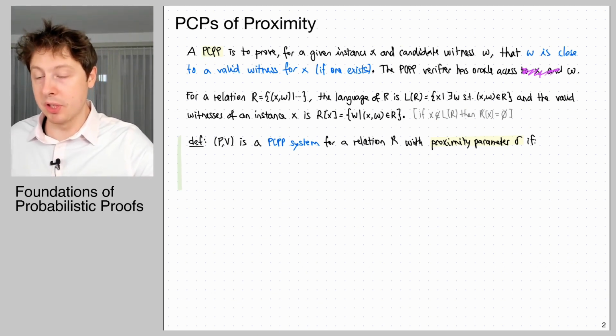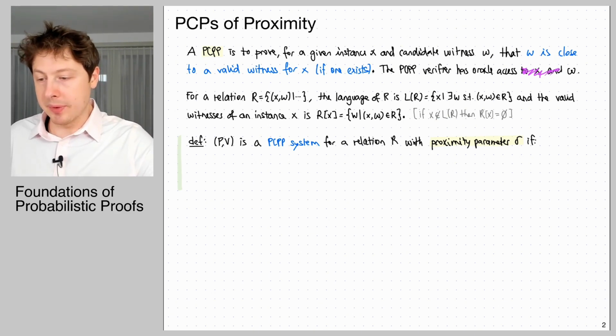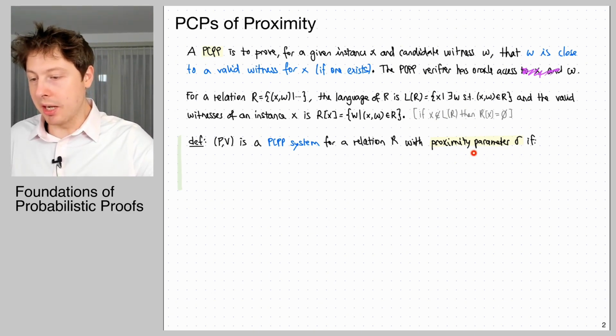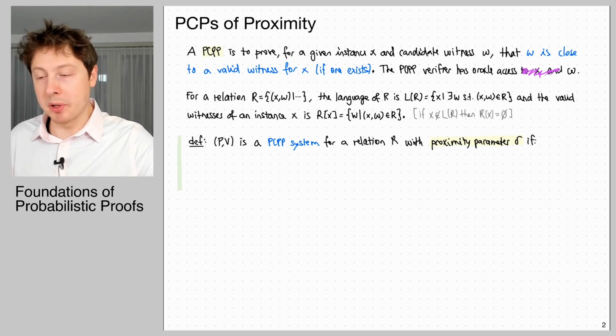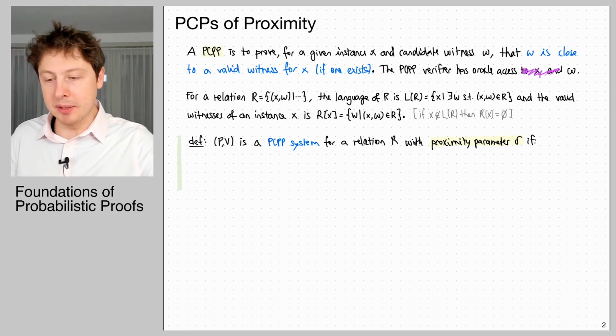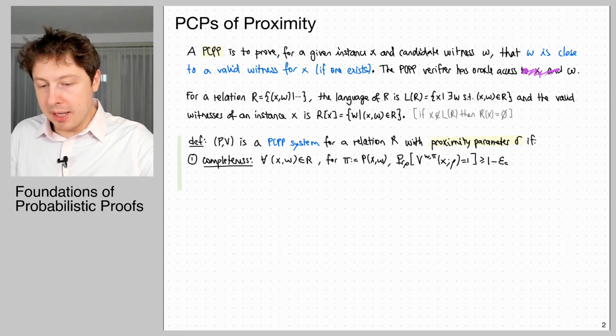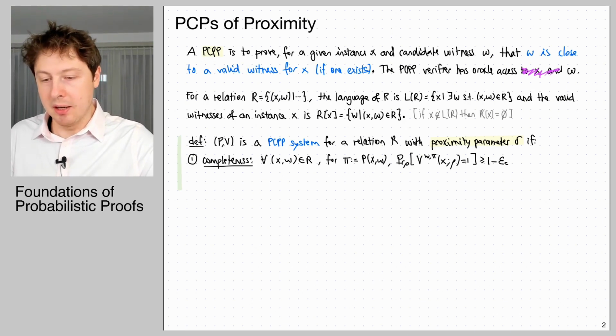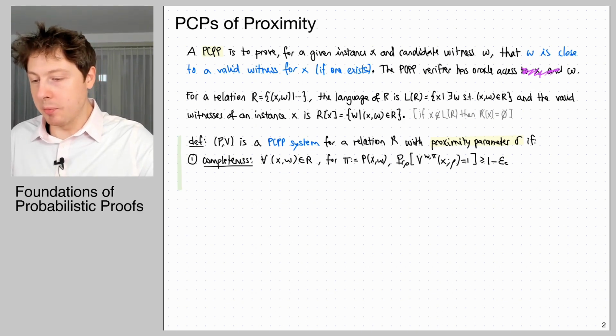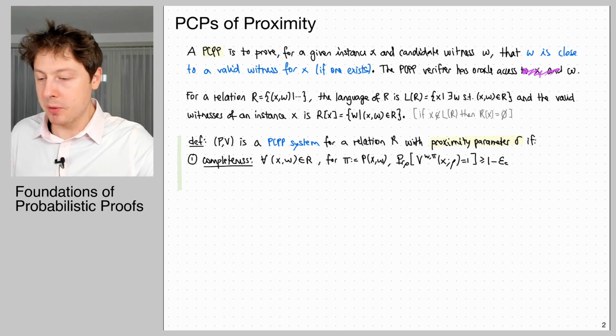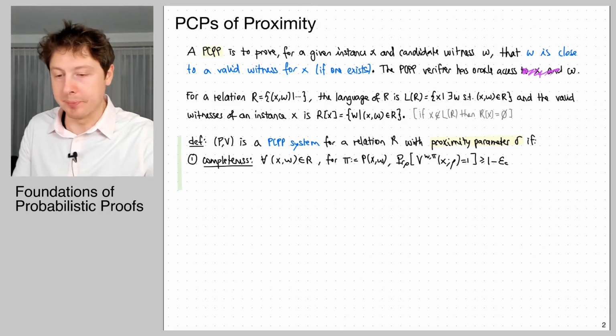The definition of a PCP of proximity, we saw it carefully two lectures ago when we talked about proof composition. The strength of the PCP of proximity is given by the proximity parameter. In the good case, the instance and witness are part of the relation, so the witness is valid, of distance 0 from a valid witness, and then the probability the verifier accepts, given oracle access to the witness and the PCP of proximity constructed by the honest prover, is 1.